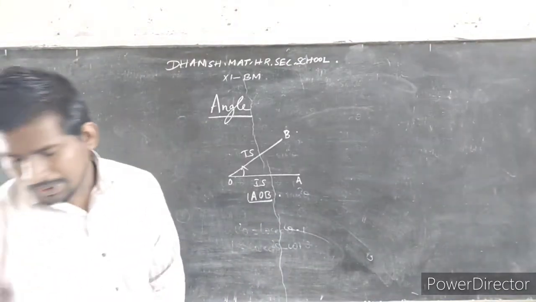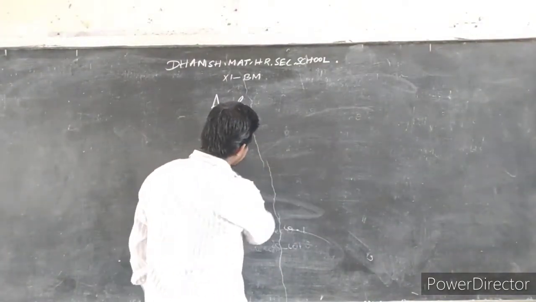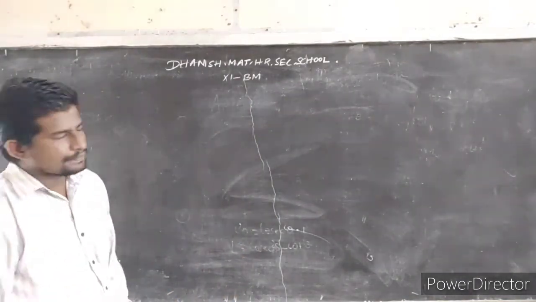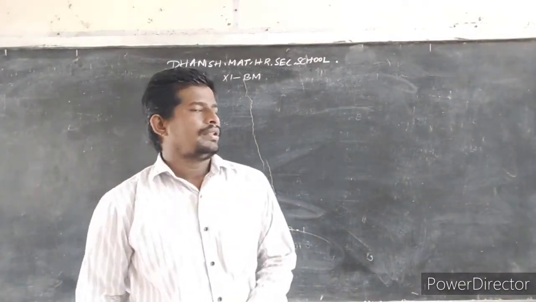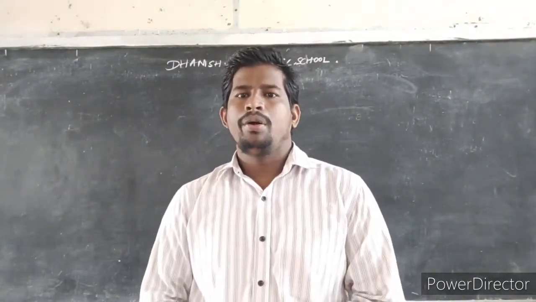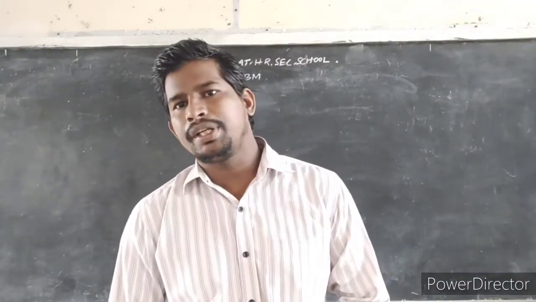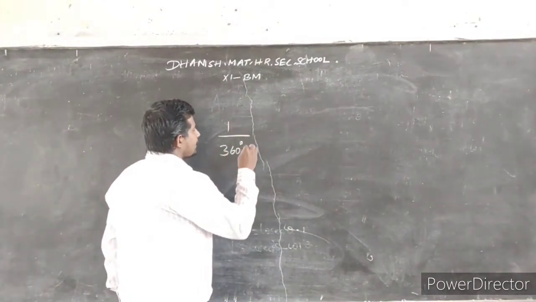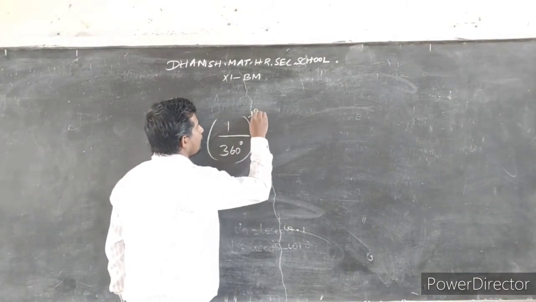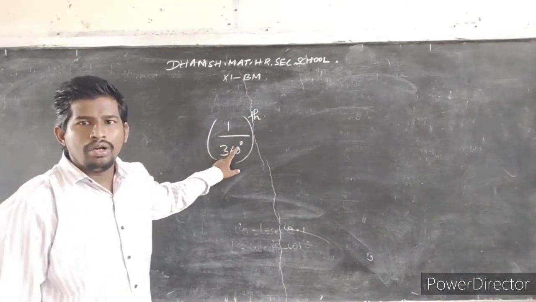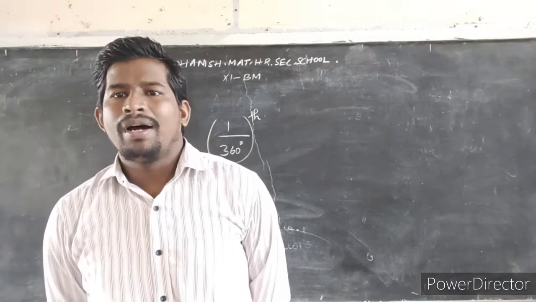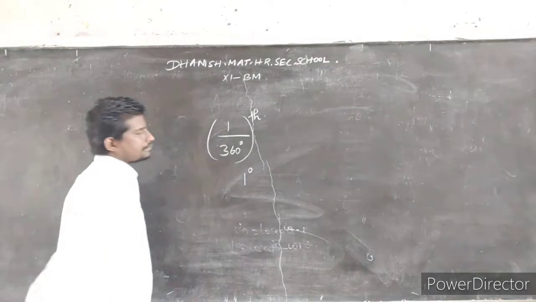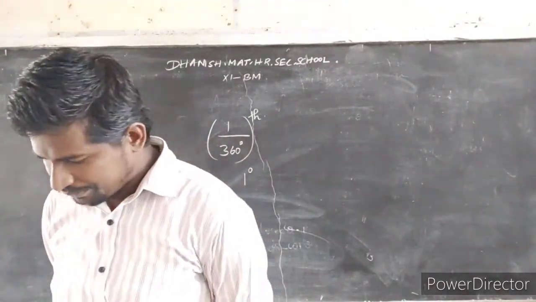Now we are going to learn what is meant by degree and radian. As you all know, one full rotation of a circle is equal to 360 degrees. So 1 by 360 of a full rotation is called 1 degree and written as 1 degree.